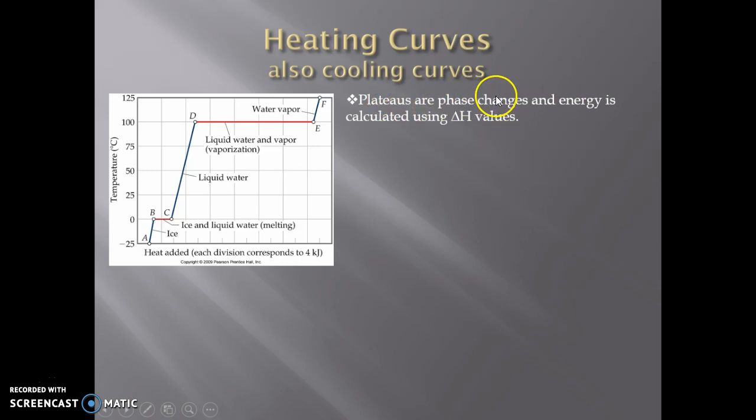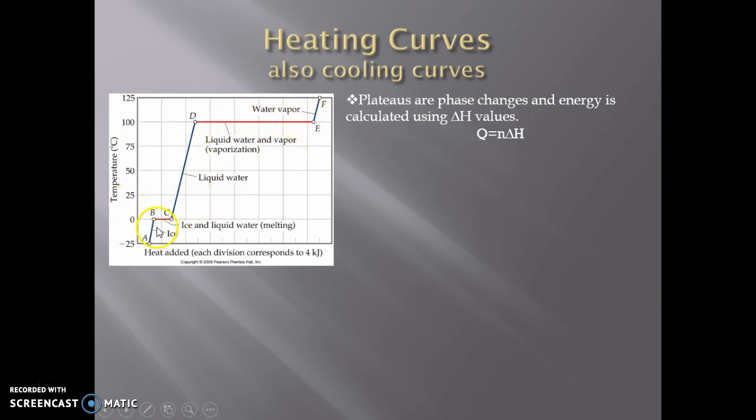So at the plateaus, we're doing phase changes. The energy that is used in order to achieve this state change is referred to as the delta H values that we saw in the past. So Q equals n or m, so the number of moles or the mass, times delta H. So what are we doing here? We are breaking those attractions in order to get from one state to the other.